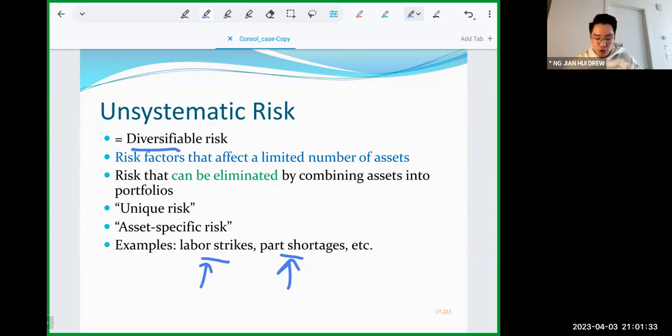Like during COVID, you have a shortage of supermarket products. But in terms of utilities, the shortage of supermarket products does not affect the utilities company, right? It only affects the supermarket company in your portfolio.